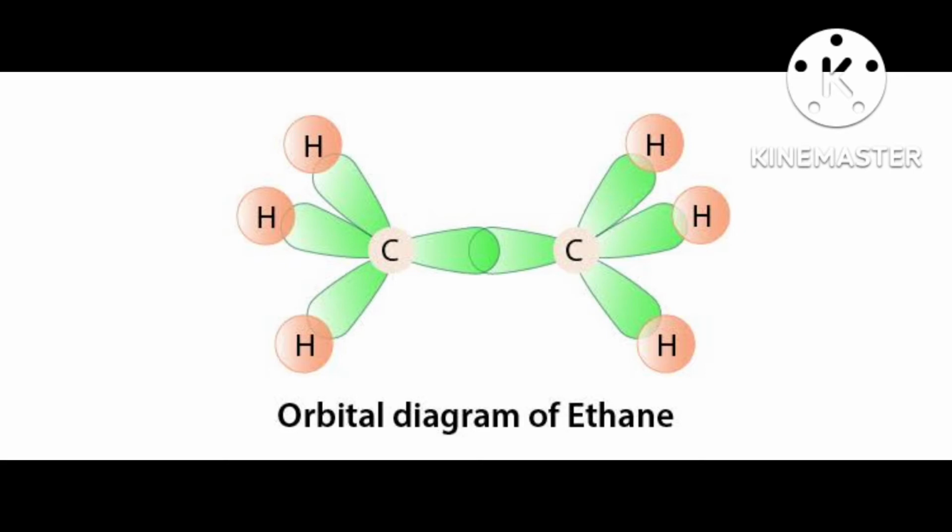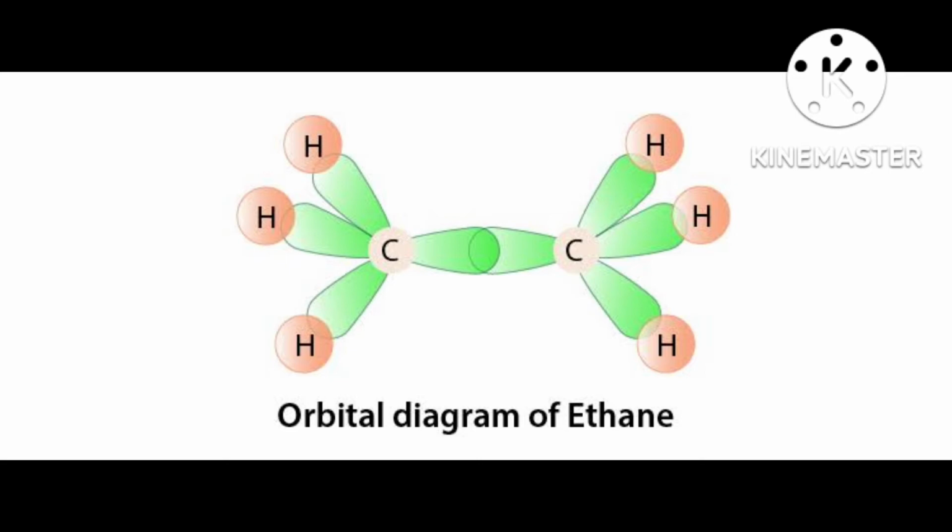sp3 hybridization in C2H6 molecules, means ethane molecules. Now I am going to discuss sp2 hybridization in C2H4, means ethylene, double bond.